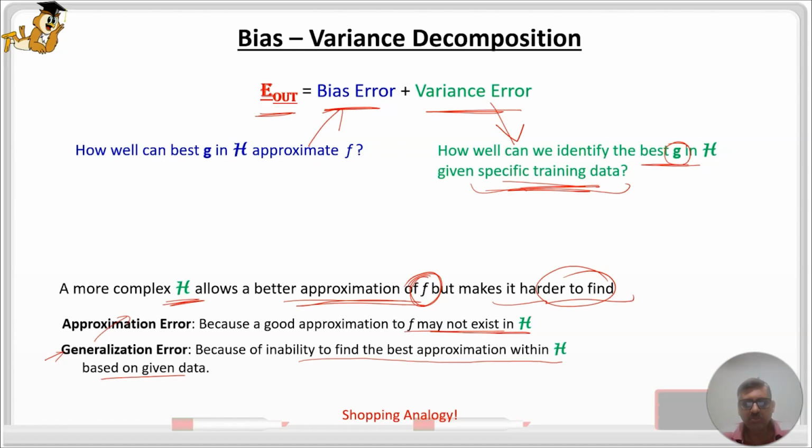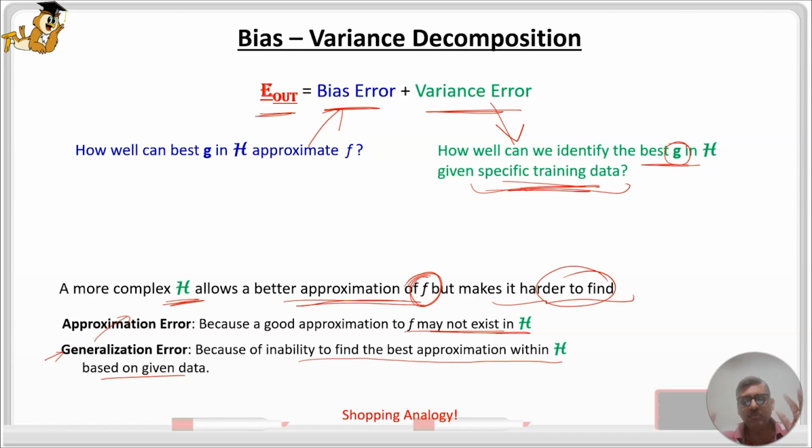Now, this may seem odd to some people, but any experienced shopper will tell you that it is quite possible to go into a large shop with something in mind and walk out with something that is different. And that happens because of the data being presented to you, namely the billboards that you see, the advertisements that you see, the conversation you have with the salesperson, and so on and so forth, right?